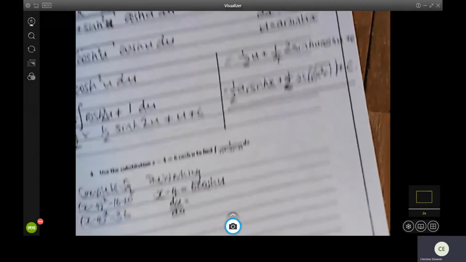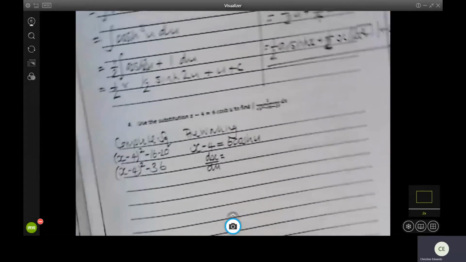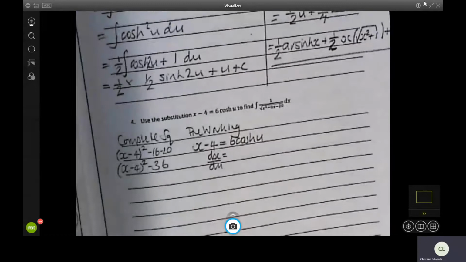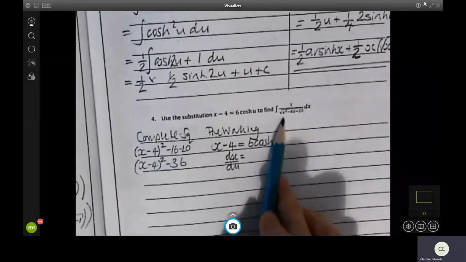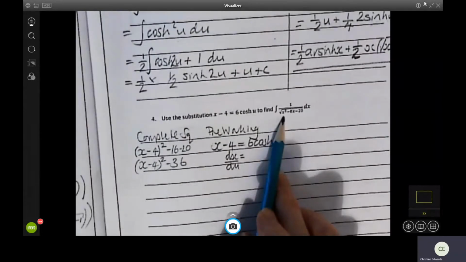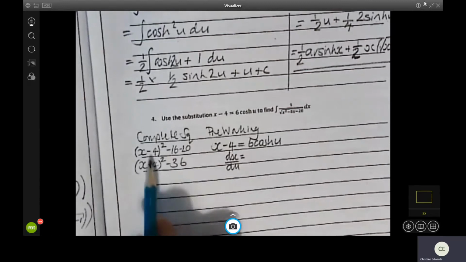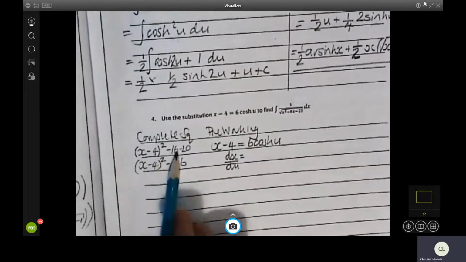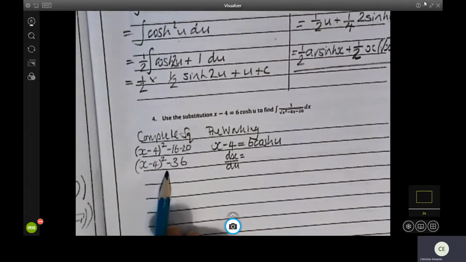And last but not least, we have one further type of question to have a look at, and that is the sort where we have a quadratic on the bottom of the fraction. If you recall from doing inverse trig integration, we completed the square. So completing the square for this quadratic, we achieve this result here.